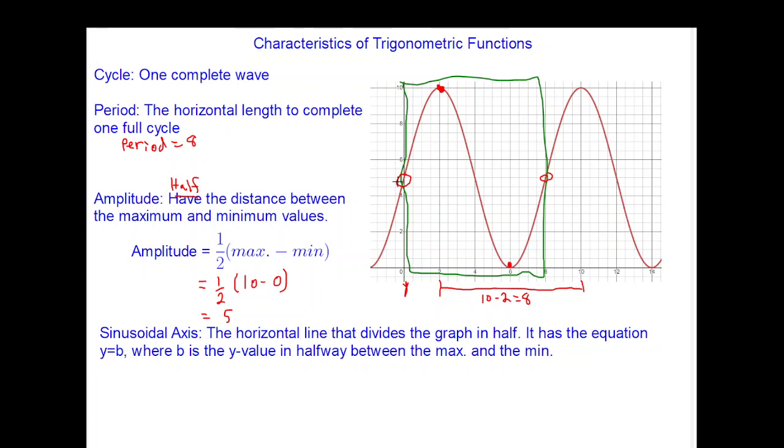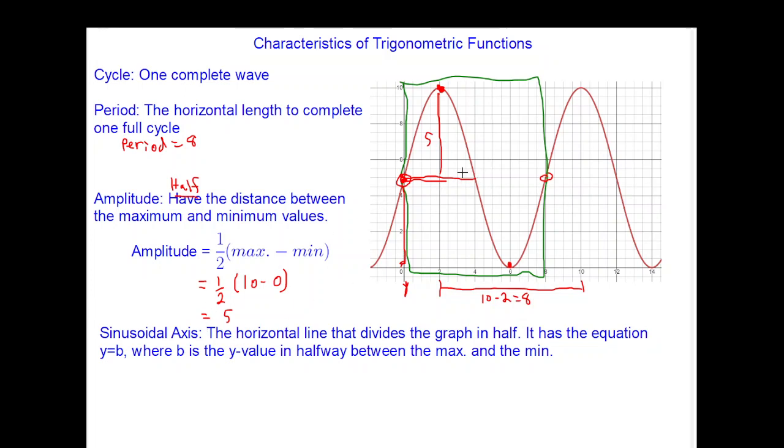And what that's telling us is that the distance from the middle, so this was the middle of the graph that we talked about, right in here, from the middle to the peak is 5, and we can verify that. Our middle here is 5, and we go up 5 to get to 10, and we go down 5 to get to 0. So that's the amplitude.